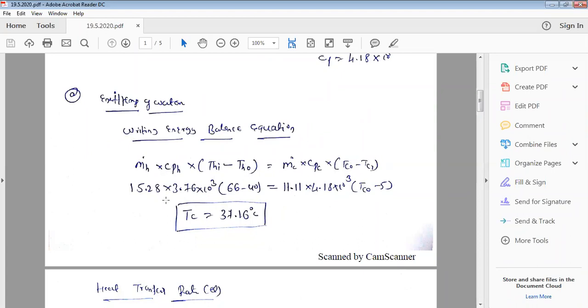It's very simple. Now if I substitute all the values, the only unknown quantity is T_co, the outlet temperature of the cold fluid. If I calculate, the value comes to about 37.16 degrees Celsius. This is the first task they told you to calculate, the exit temperature of water, that we calculated.